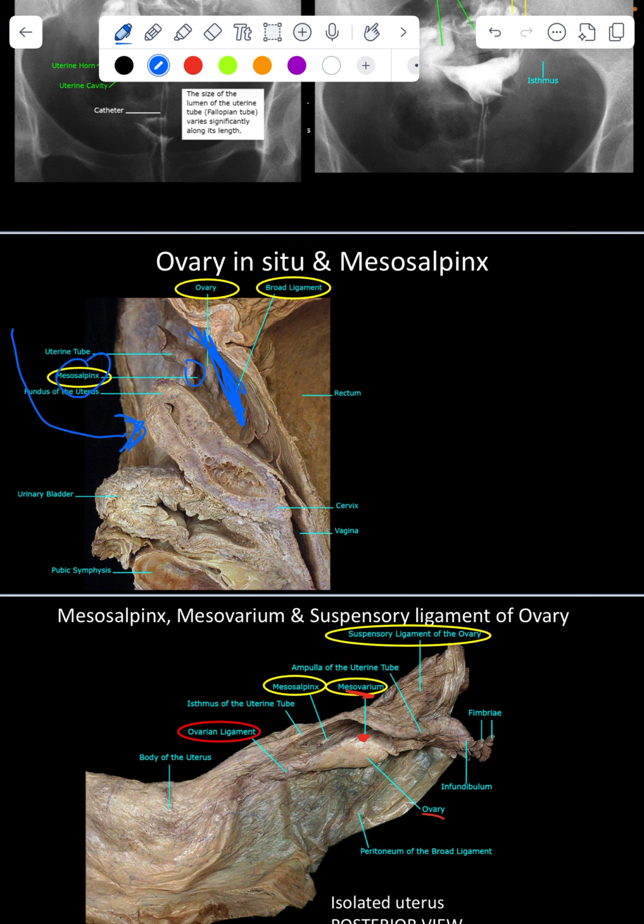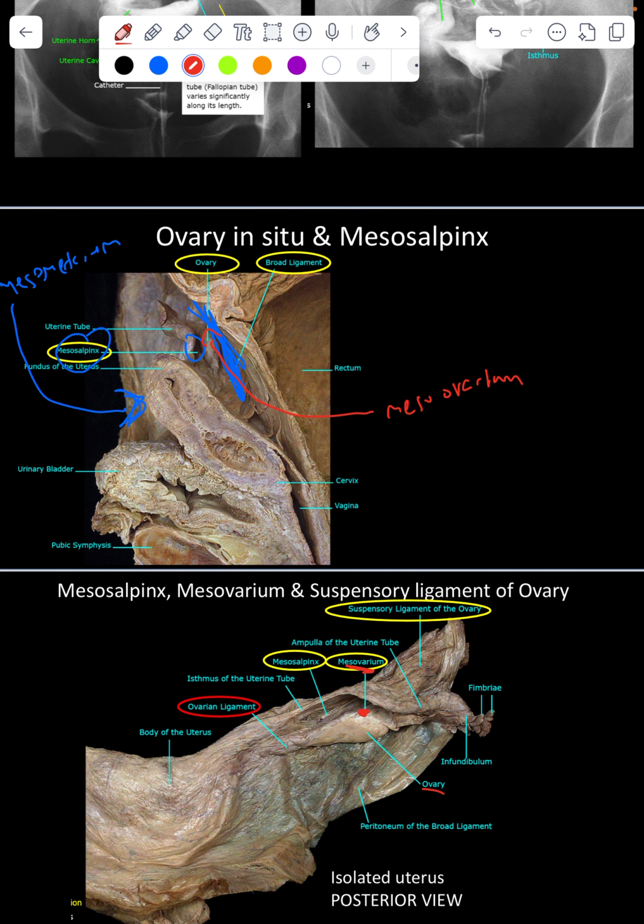Everything lower would have been the mesometrium. What actually pulled the ovary back against this is the mesovarium. But we don't have to know any of this stuff.